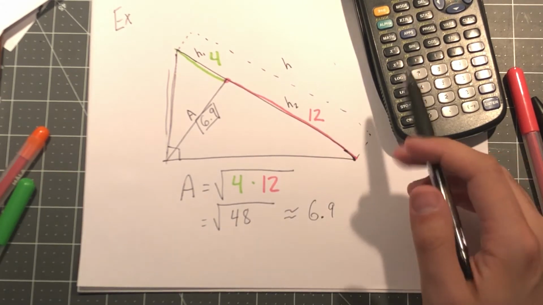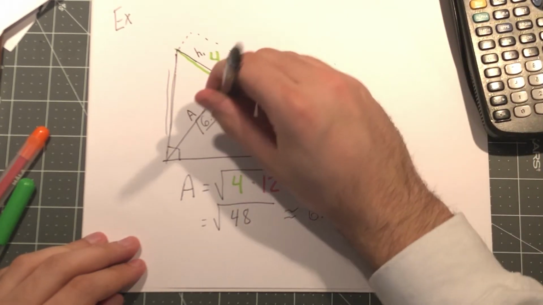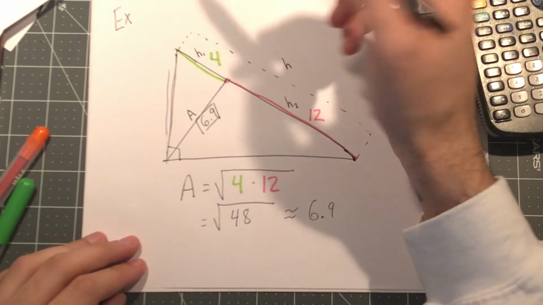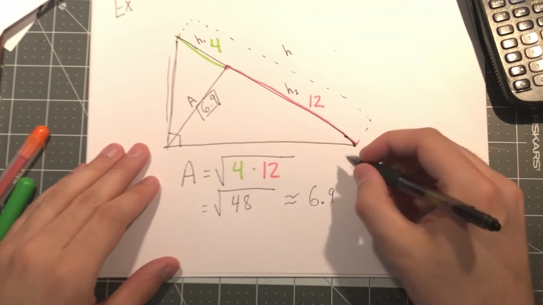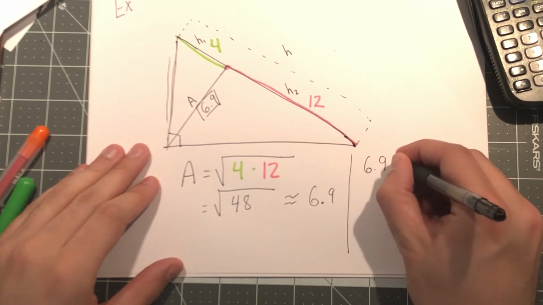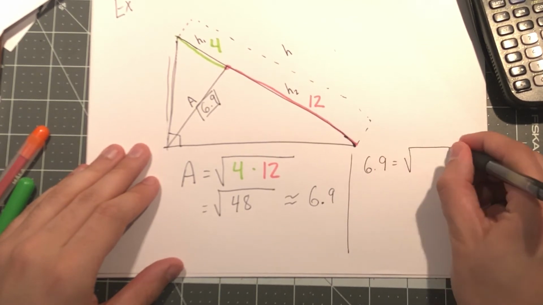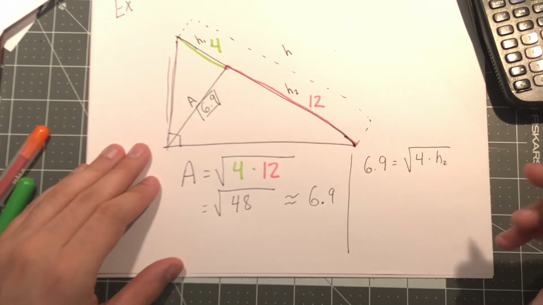Well, we can actually work backwards. So let's say, for example, we had 6.9 and 4. If we just had these two and we were looking for 12, it isn't going to change our equation. We would do something like this: 6.9 equals the square root of 4 times h2.